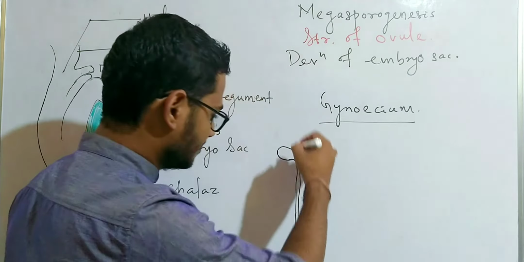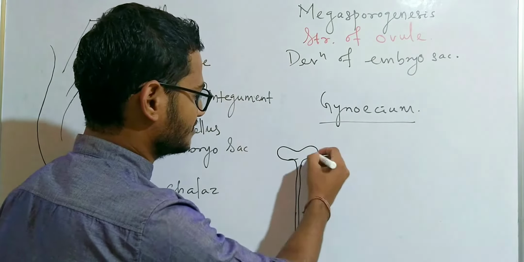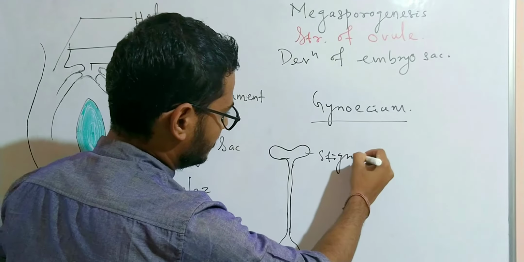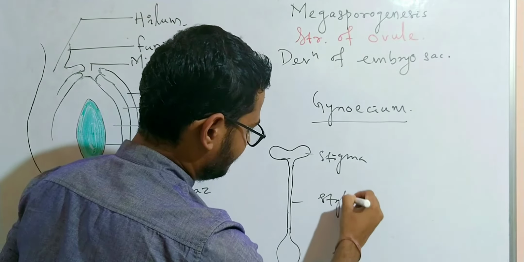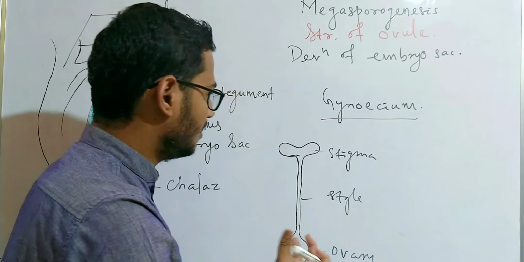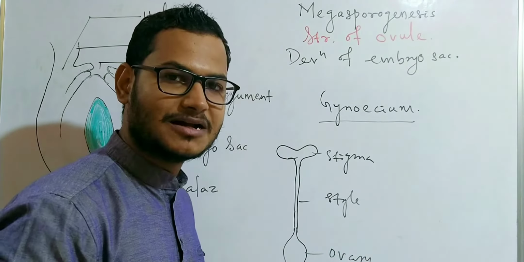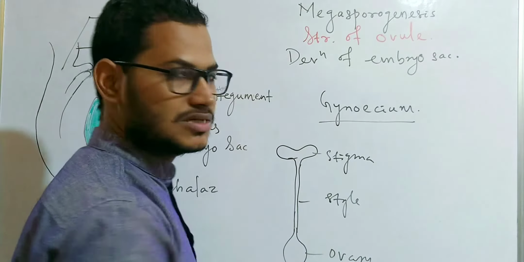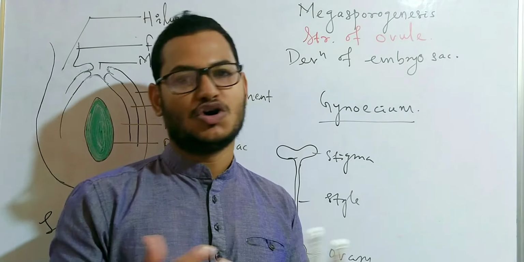These three structures make a single pistil, the female reproductive part. In gynoecium there may be a single pistil or many pistils.